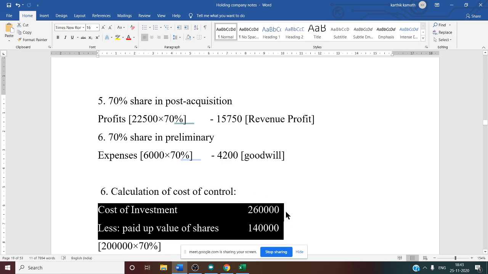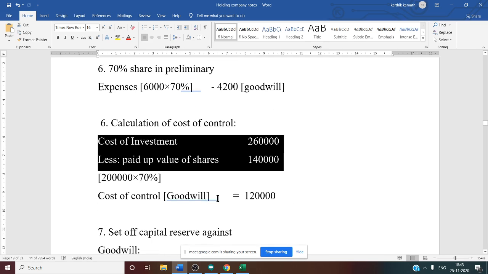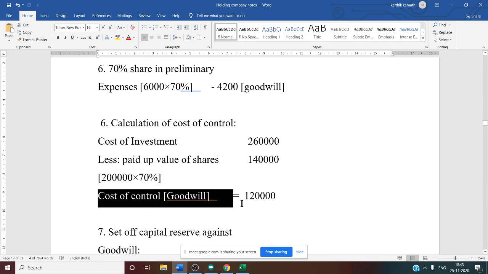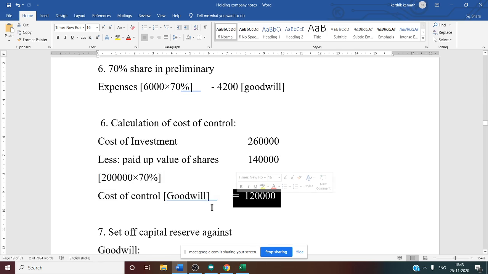That means there is a difference of 1 lakh 20. The company is paying 1 lakh 20 more, which means there is a capital loss to the company. Whenever there is a capital loss to the holding company, it becomes goodwill. So your answer will be cost of control is equal to goodwill, that is 1 lakh 20,000. That is working note number 6.